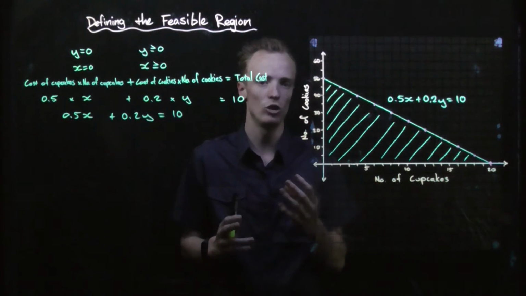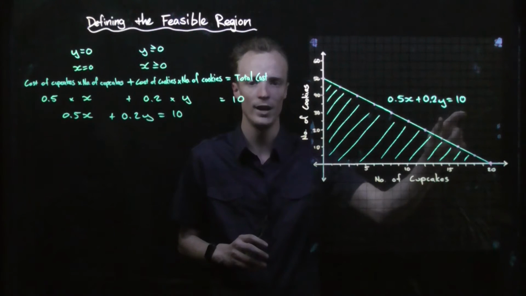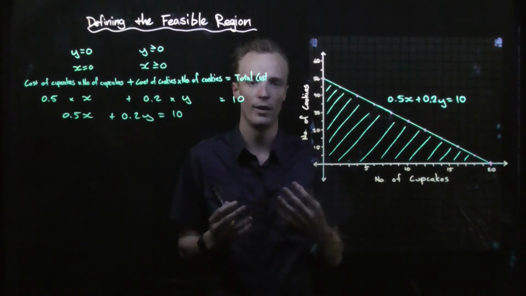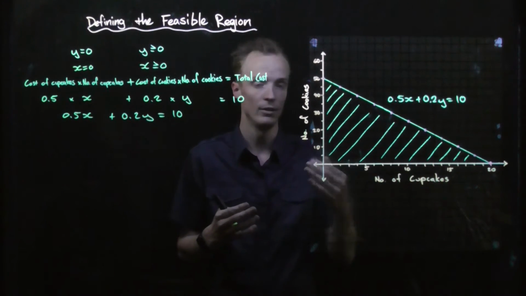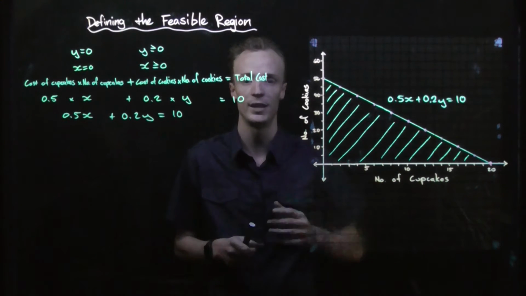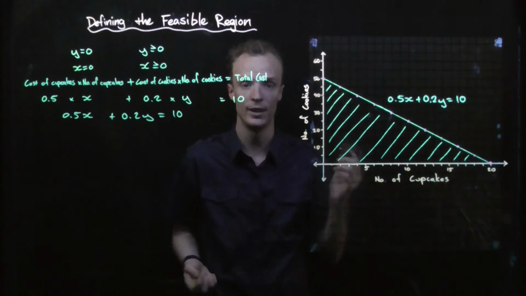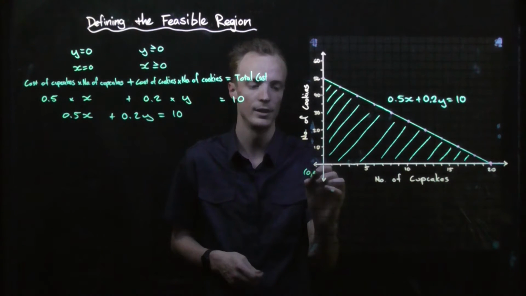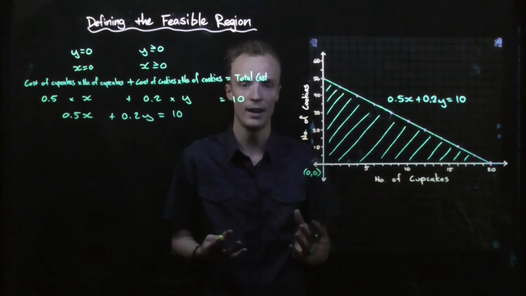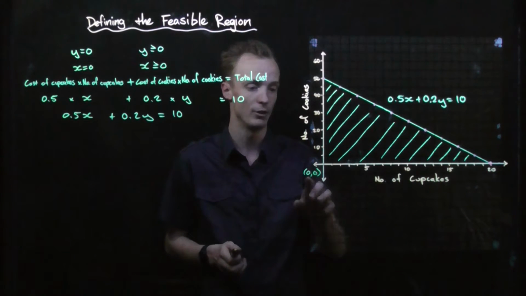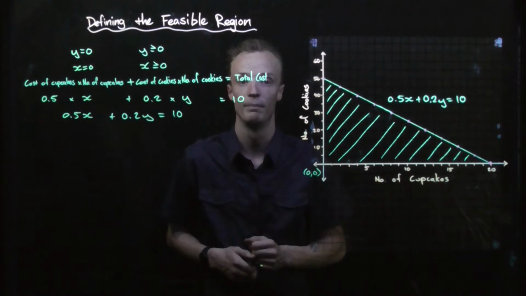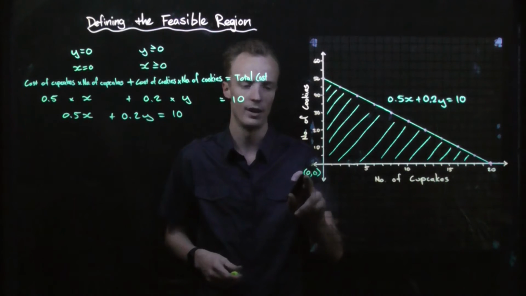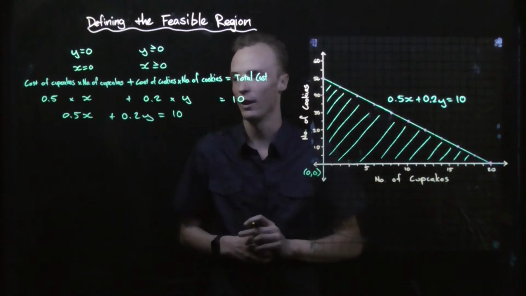And we substitute that coordinate into our equation here to see whether that will be greater than or less than our value of 10. Now, for the purpose of this, I'm going to take this coordinate right here, which is (0, 0). That is in our feasible solution. We can buy 0 cupcakes and 0 cookies. And I'm going to substitute that coordinate as our x and y variables in our equation.